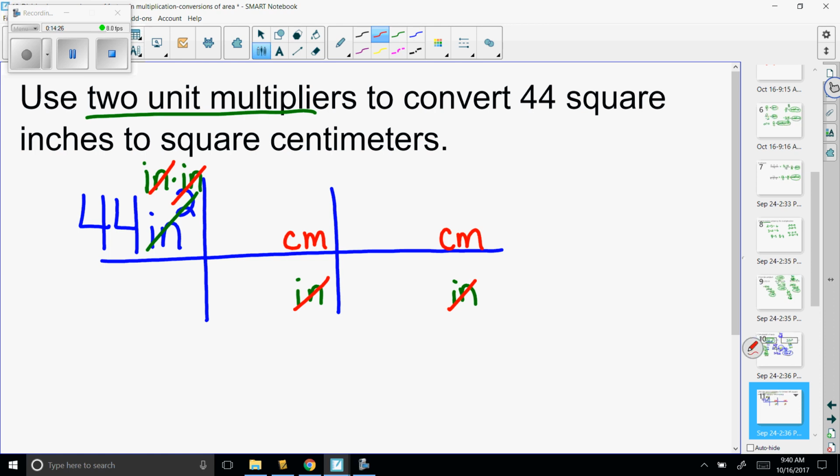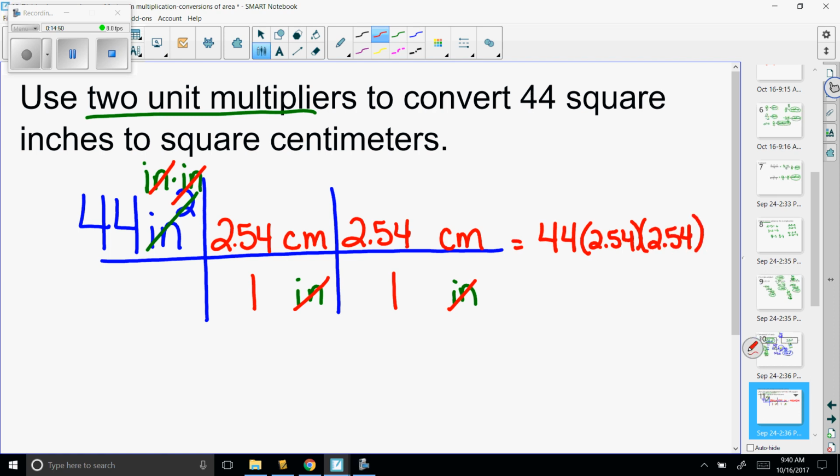So I look at that conversion. 1 inch is 2.54 centimeters. How do I express my answer? Well, in the numerator, I have 44 times 2.54 times 2.54. What are your units? Centimeters squared. I had to kind of scrunch that down towards the bottom.